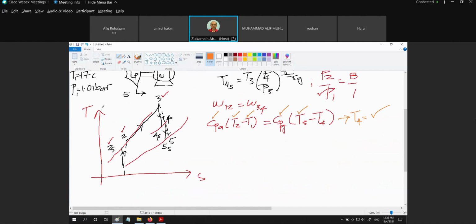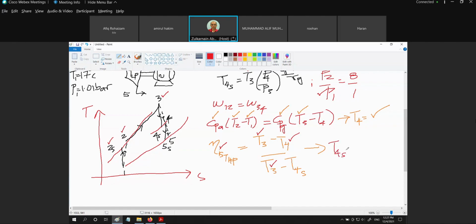And again, after that, what do we use? We are going to use the isentropic efficiency of the turbine high pressure. I need this diagram, and this is (T3 minus T4) divided by (T3 minus T4S). What do we get from here? This is given, it's given, it's given, and T4S we have solved right here.